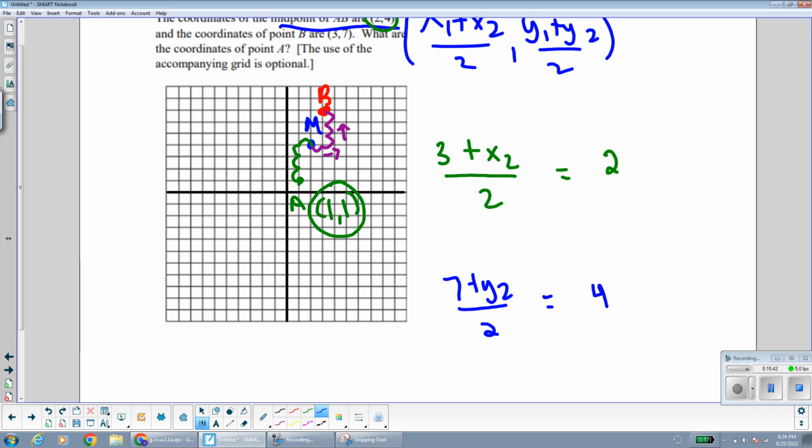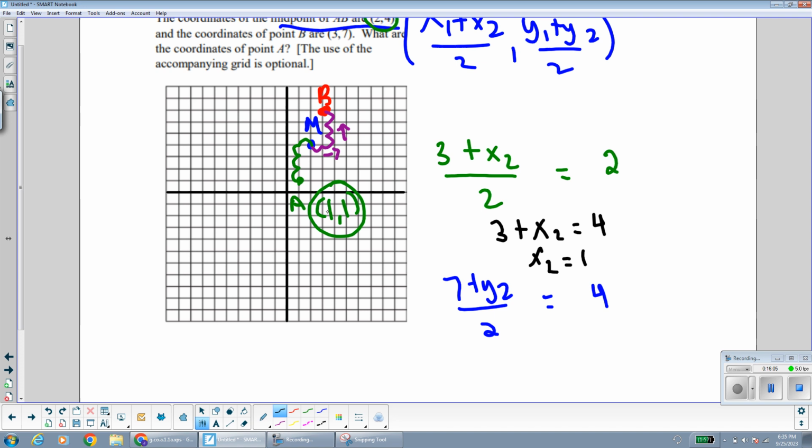So now we only have one thing missing that we can solve for. So let's solve. To get rid of this division by 2, I'm going to multiply by 2 on both sides. So what I have here is 3 plus x2 equal to 4, because 2 times 2 is 4. And then subtract 3 to get x2 by itself. So x2 is equal to 1.